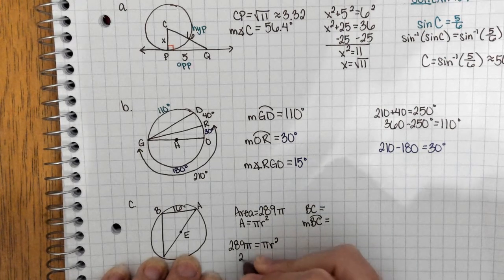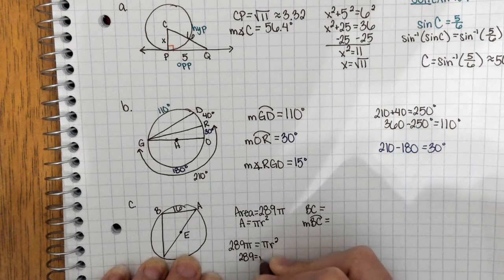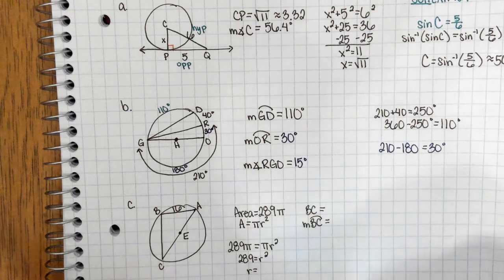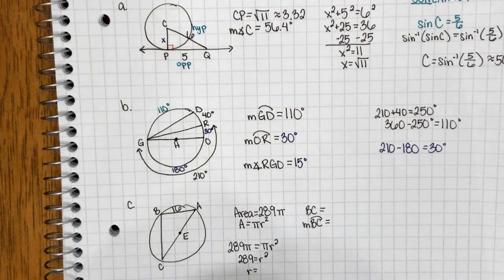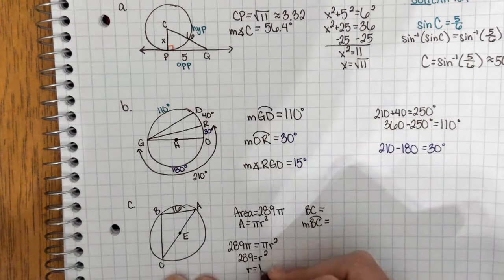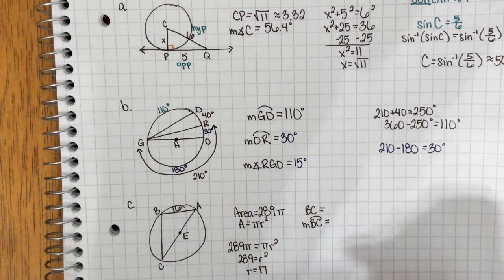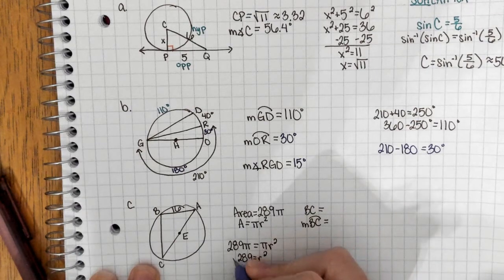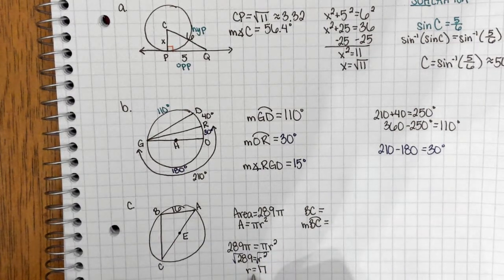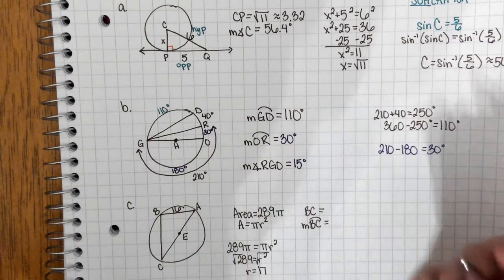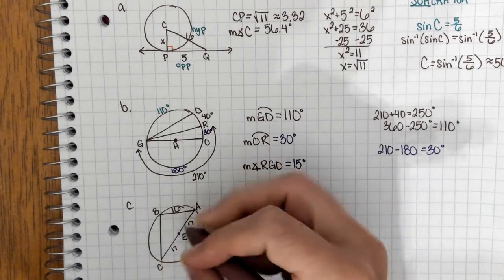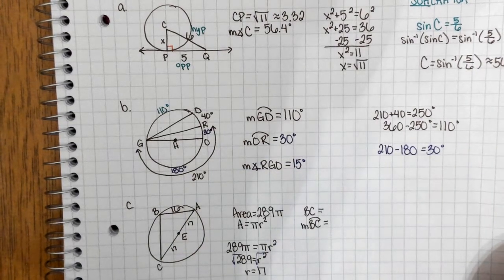Pi's go away, so 289 equals r squared, which tells you r is 17. So you just take the square root of 289. So square root both sides here. So r is 17, the radius. So if this is the diameter, that's 17 and 17, or the whole thing would be 34.